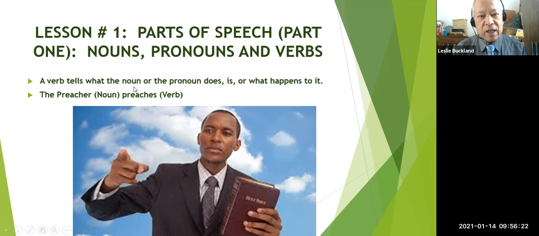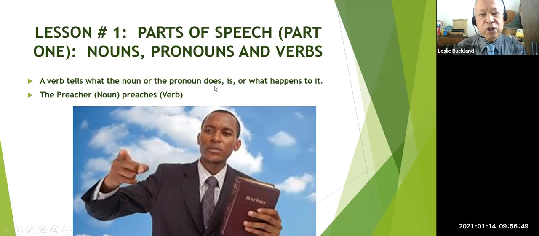So the noun identifies or names the person. The pronoun stands in place of the noun so that you don't have to use the noun all the time. But a verb tells us what the noun or the pronoun does. But a verb does not only tell you what the noun or the pronoun does.